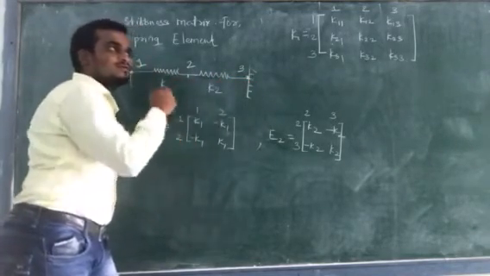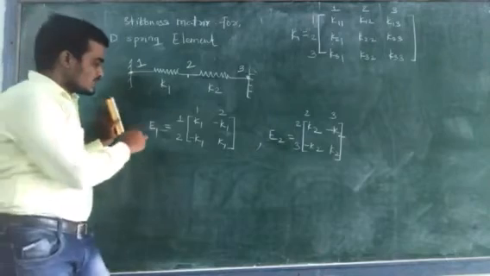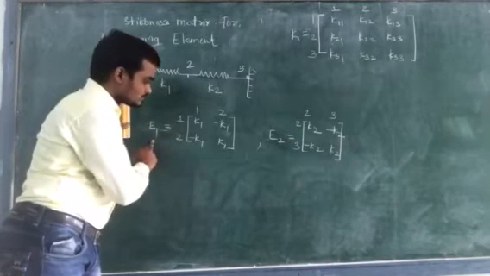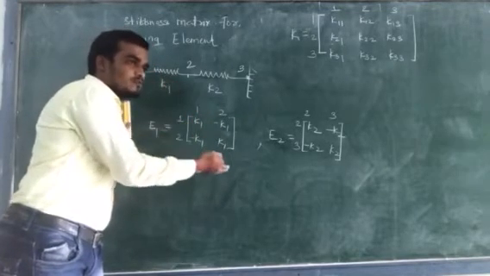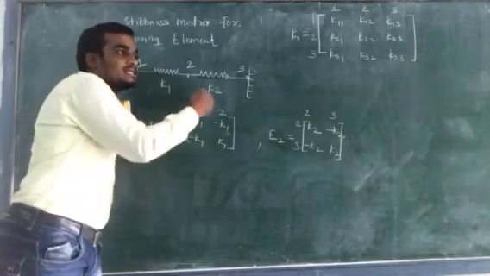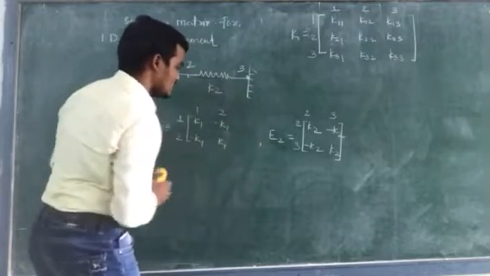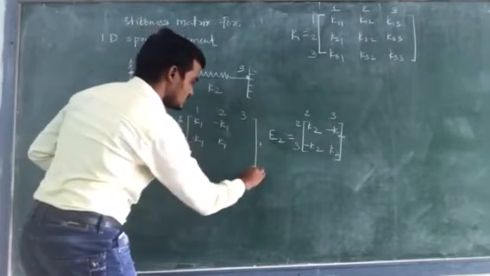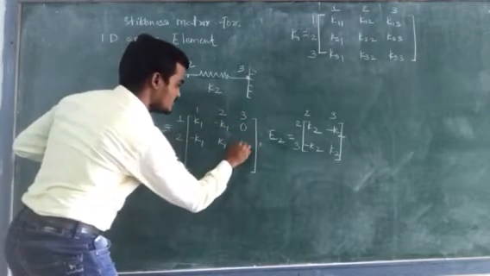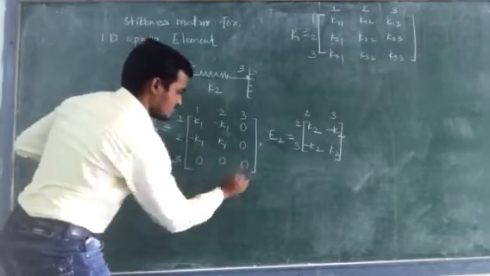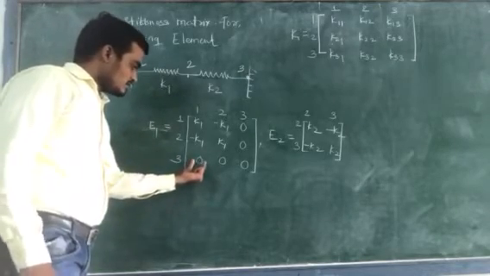But your elemental stiffness matrix here lies between node 1 and 2, and for construction of the global stiffness matrix we need a 3 by 3 matrix. So you can write this as 3 by 3 also, but the remaining elements will be 0, because null values are there.